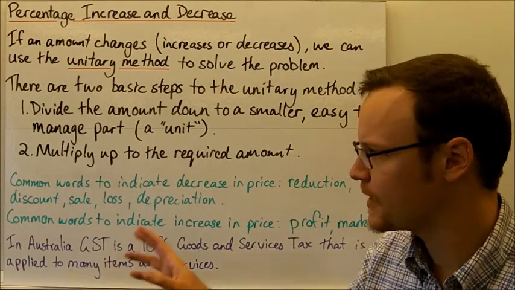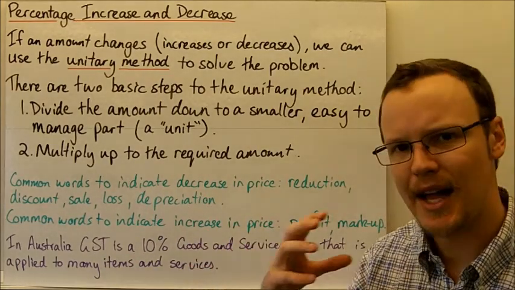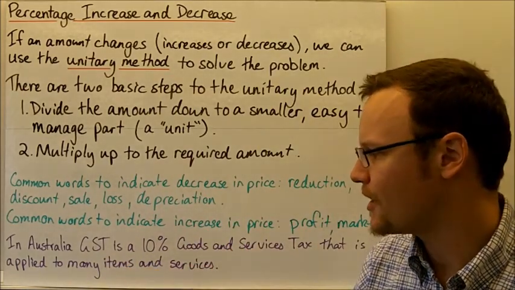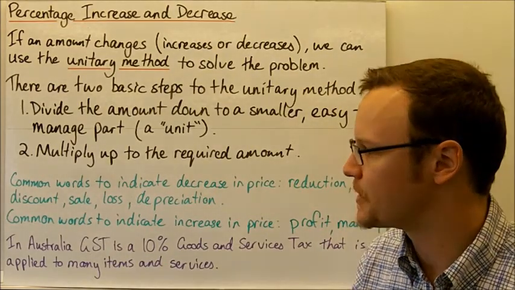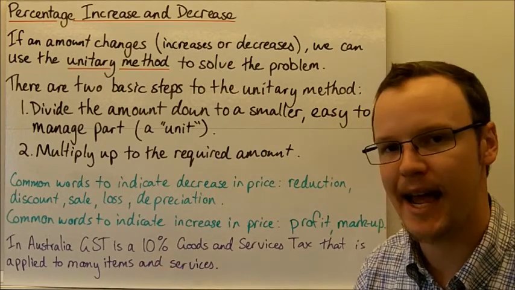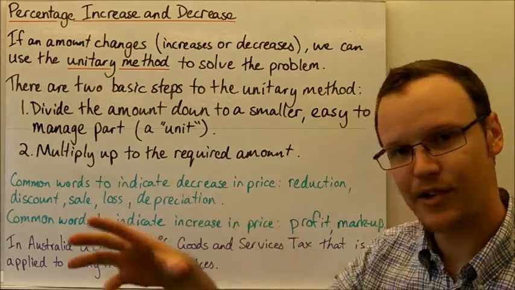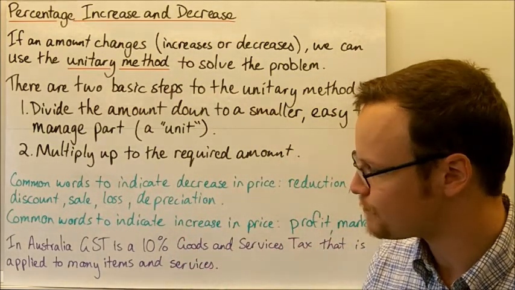In Australia, we also have a GST, which is called a goods and services tax, and that's applied on most items and services. There are some items and services that are exempt, but the majority of items have this 10% tax applied. In Australia it's 10%, but in other countries it might be a different percentage.